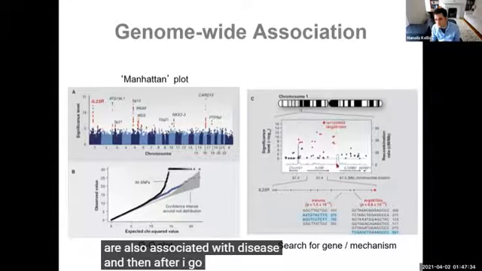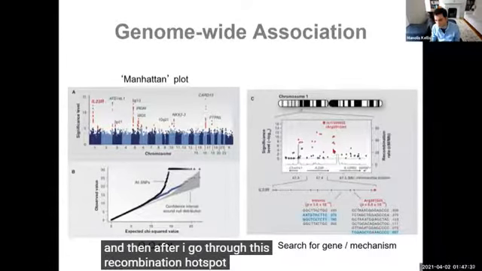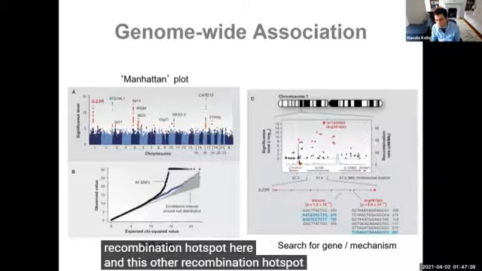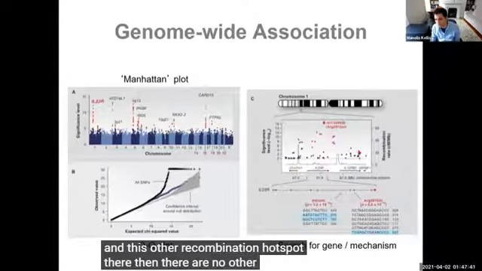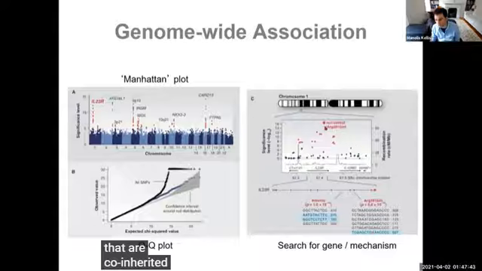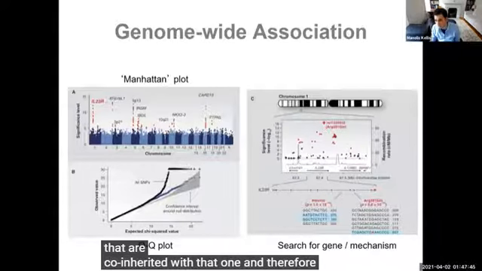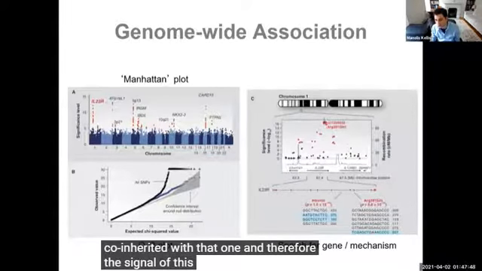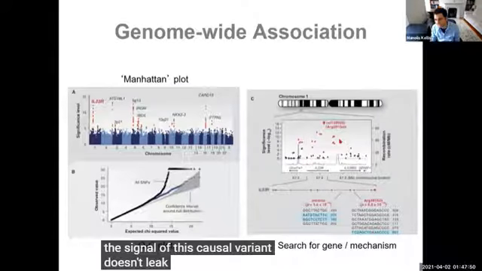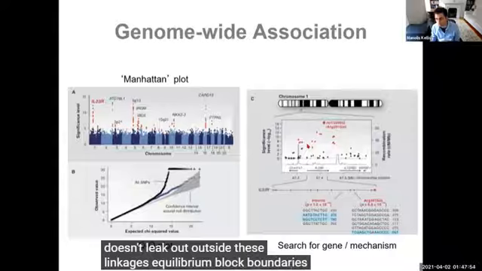And then after I go through this recombination hotspot here and this other recombination hotspot there, then there are no other variants that are co-inherited with that one. And therefore, the signal of this causal variant doesn't leak out outside these linkage disequilibrium block boundaries.